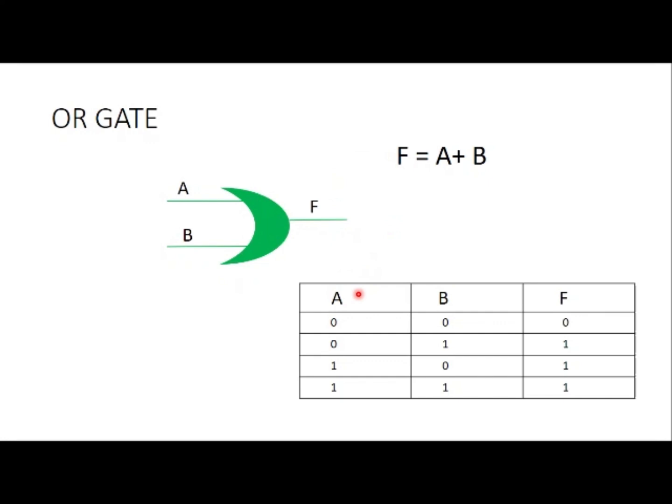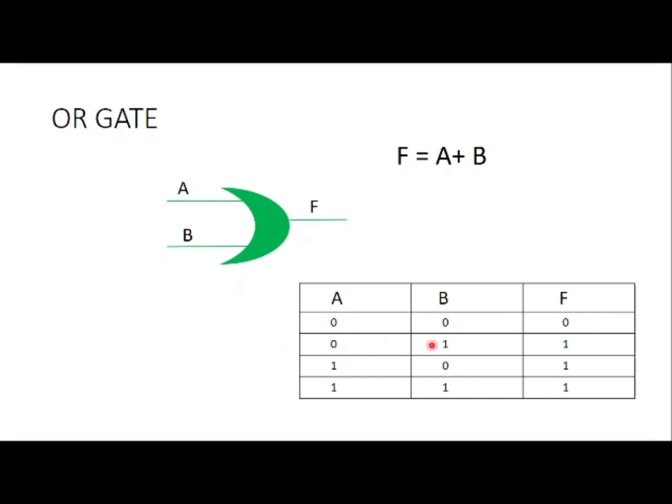In the truth table, first enter A, B, F. Fill the A column 0, 0, 1, 1, and the B column 0, 1, 0, 1. And now we'll try to work out the output. When A is 0 and B is 0, it will be 0.